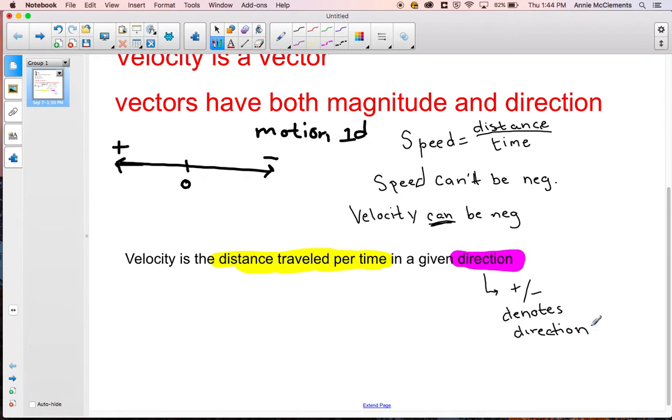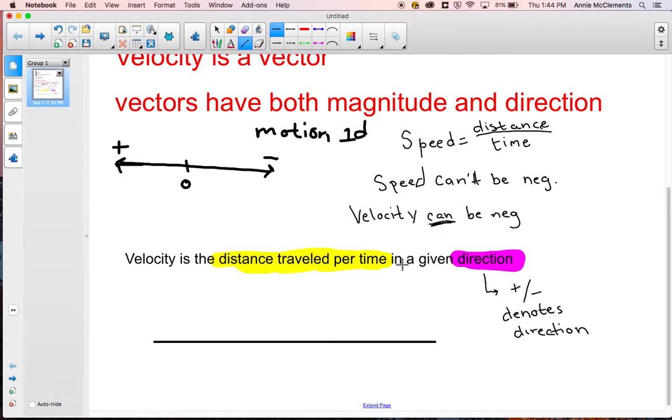Okay, so what that means is, say you've got a line. Bringing it back to our good old number line, here's my origin. I'm going to say that this side is the positive side and this side is the negative side, in terms of my positions.